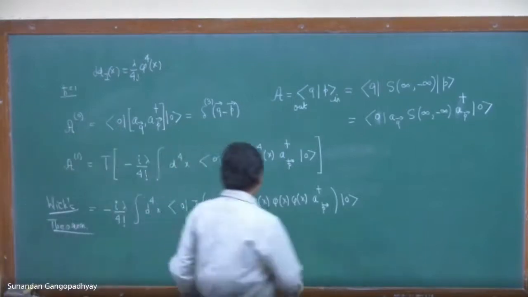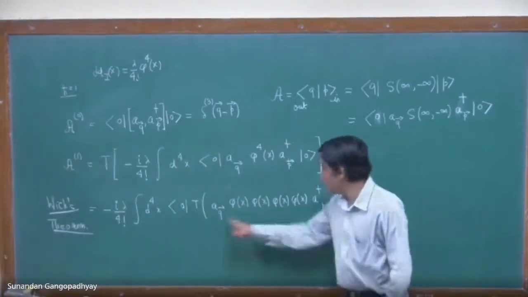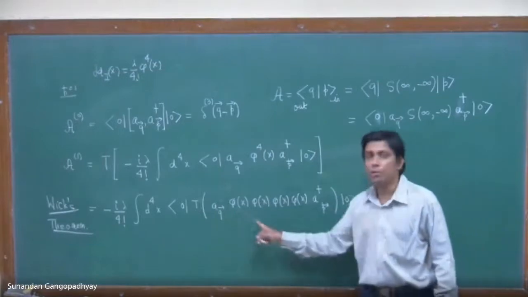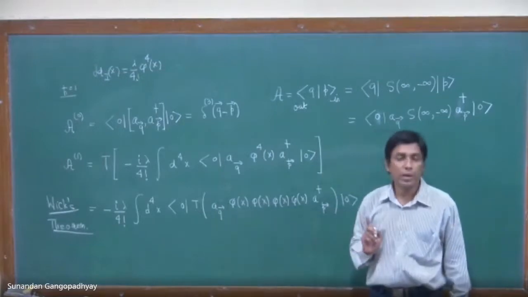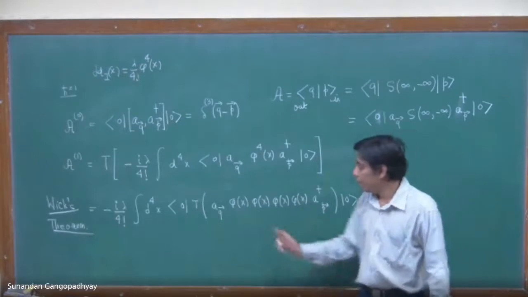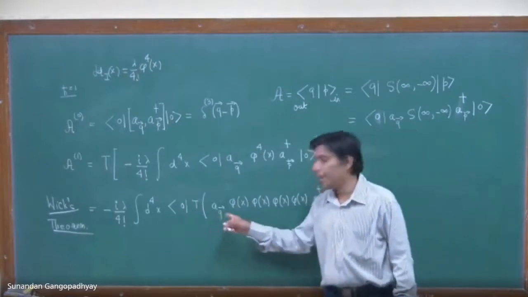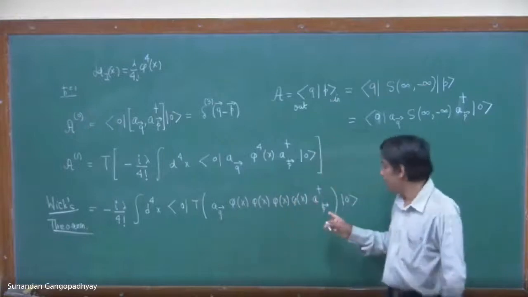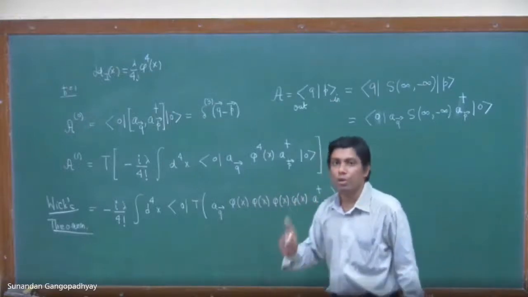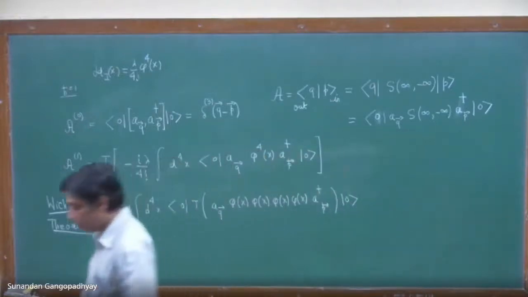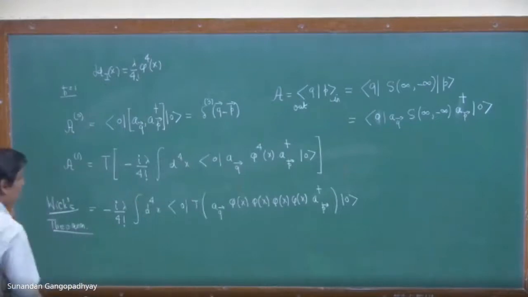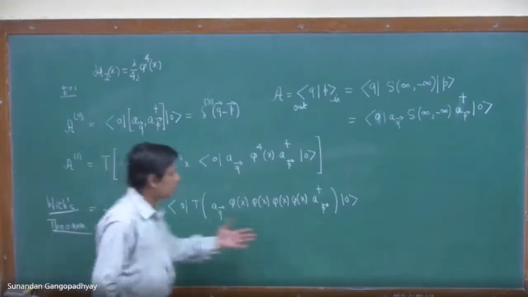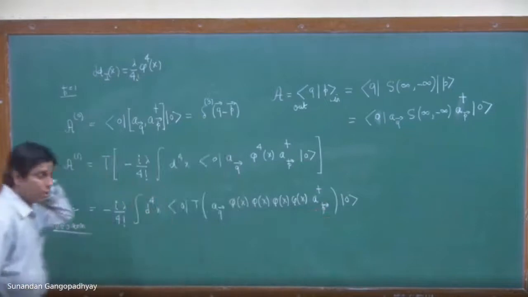One where you contract a with a† and you contract the phi's amongst each other. The other is where you contract a with one of the phi's, and a† with one of the phi's. So there are two kinds of terms that you will get from this by using Wick's theorem.